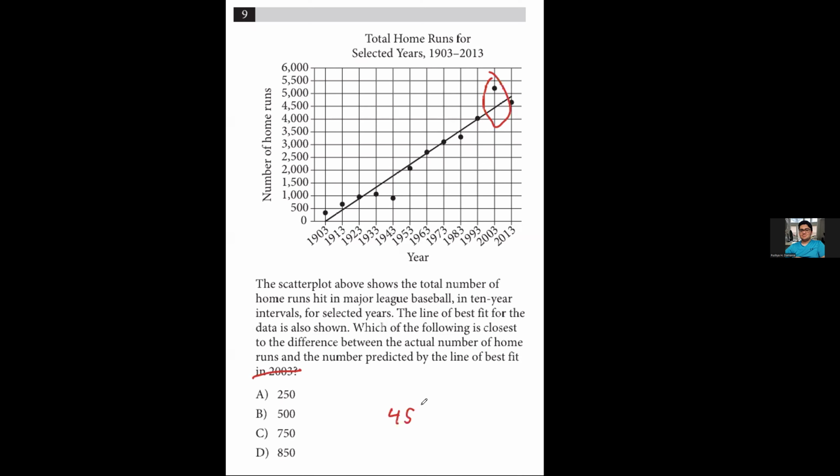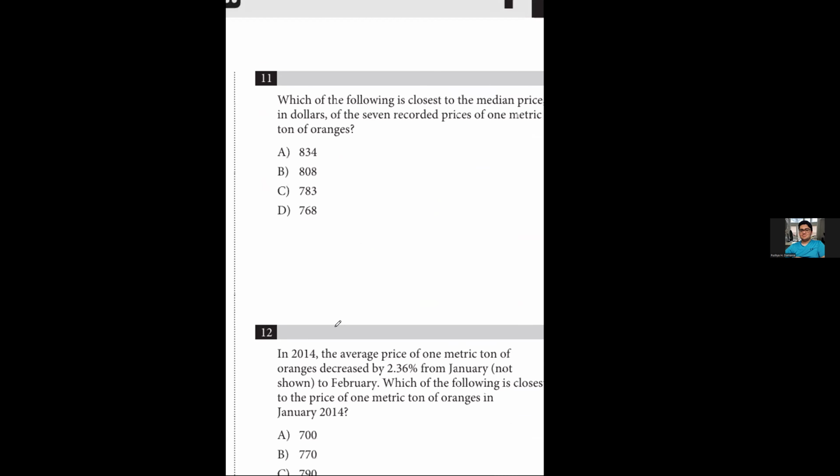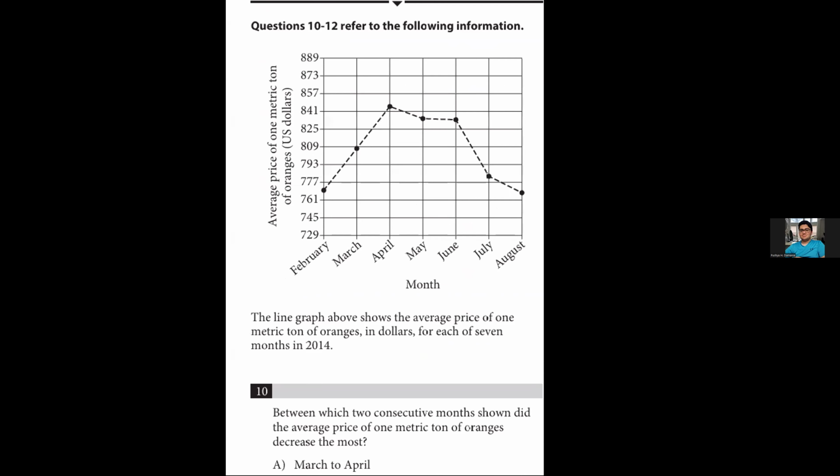And then the original value is in between 5,500 and 5,000, so it would be about 5,250, which would make the difference 750. So the correct answer is choice C. Okay, question 10.